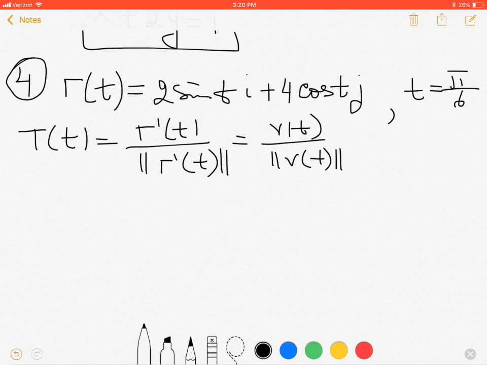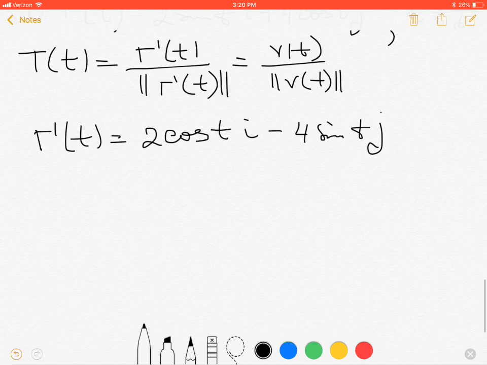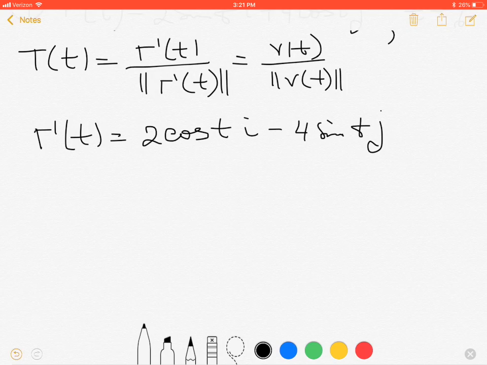Okay. First find the derivative here, r prime t. It will be the derivative of sine, this will be cosine. This means 2 cosine t i. Derivative of cosine is negative sine, minus 4 sine t j. Now we need to find the norm of this vector.